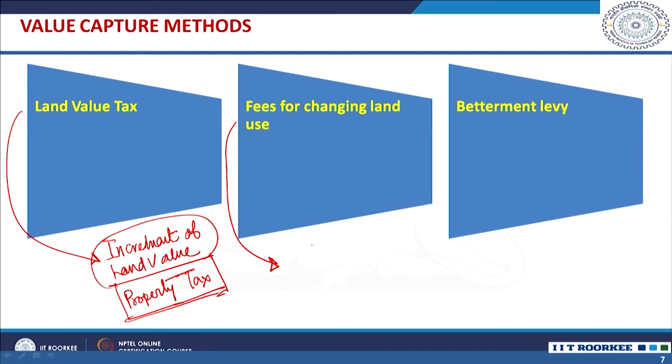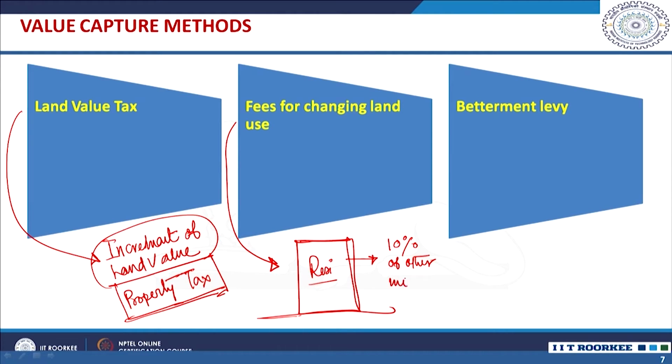Suppose some land parcel is prescribed, as per your land use plan or land use development and control plan, as residential, and within that plan it is also recommended that there could be 10% of other mixing of land use.